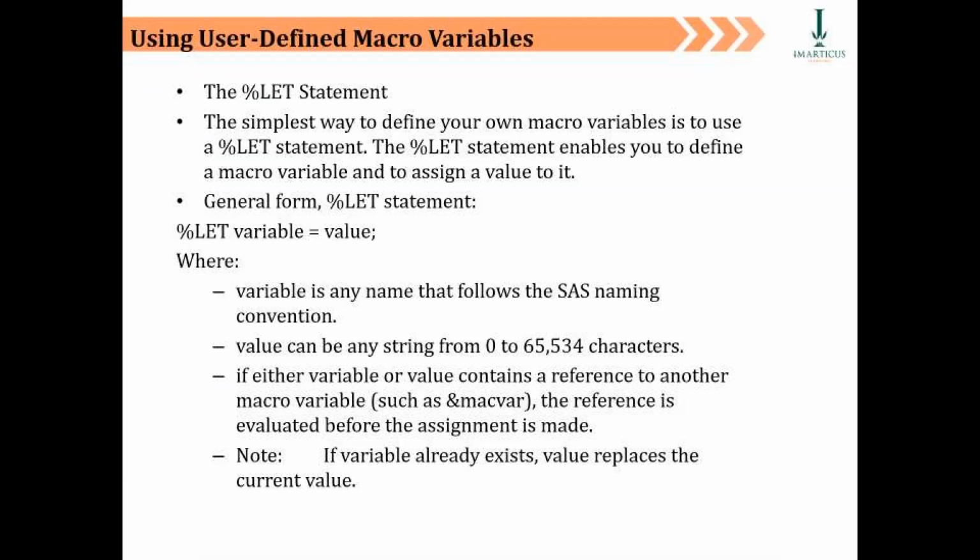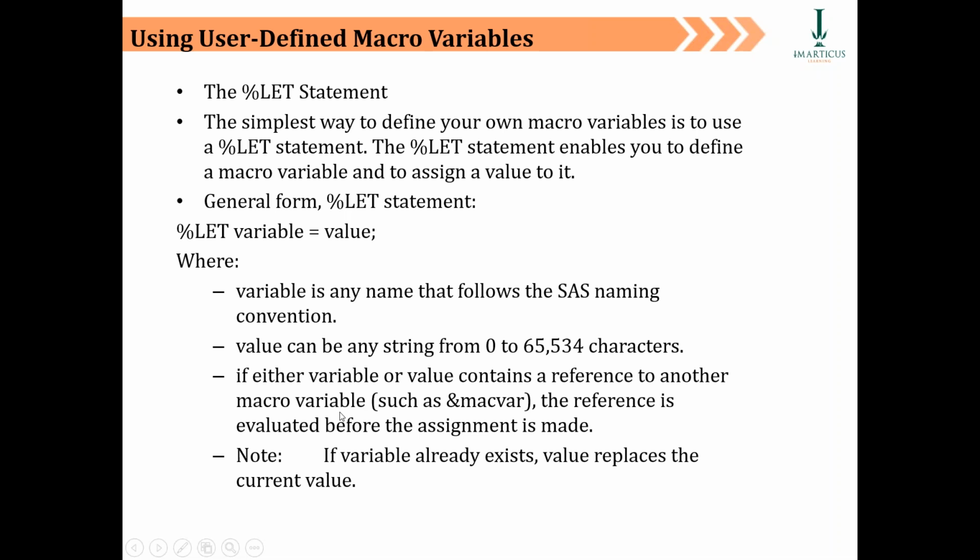Now, an example of some user defined macro statements, the %LET statement. The simplest way to define your own macro variable is to use a %LET statement. The %LET statement enables you to define a macro variable and assign a value to it. For example, %LET variable = value. So here you write the variable name, and then you define a value to it.